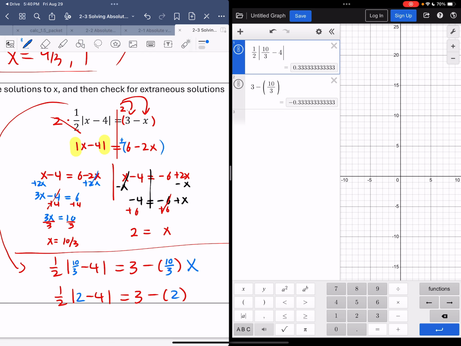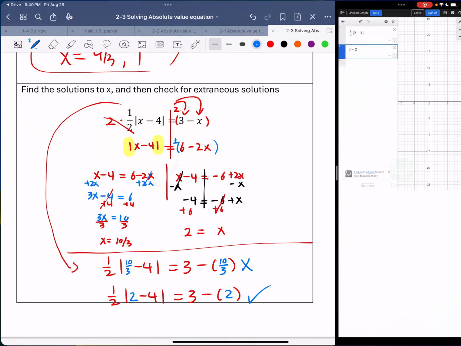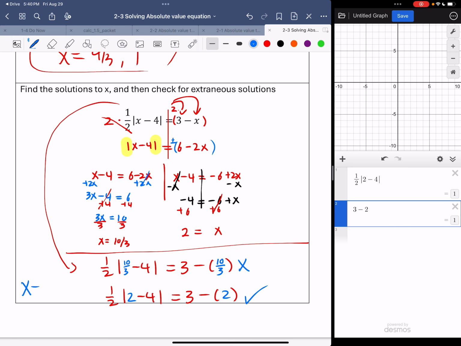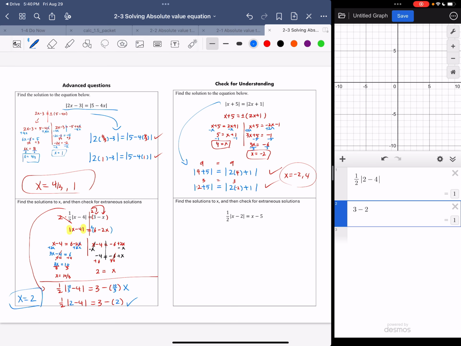What if I plug in 2 instead of 10/3? I get 1. I also get 1. This one, they are matching, so these are okay. That's it. So you only have one solution, which is x equals 2. So pause the video.